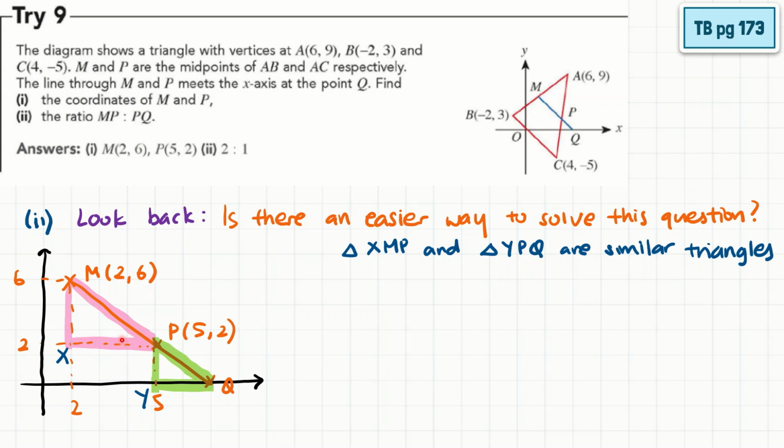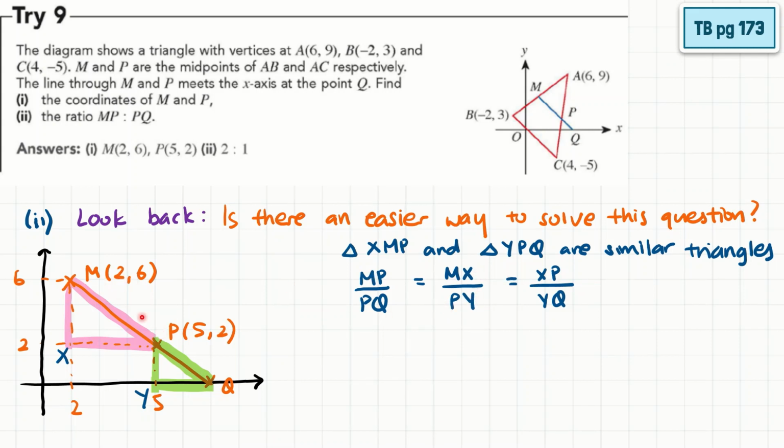The corresponding sides' ratios are equivalent, but as I mentioned earlier, ratios and fractions are equivalent presentations. So I can say MP over PQ equals MX over PY equals XP over YQ.